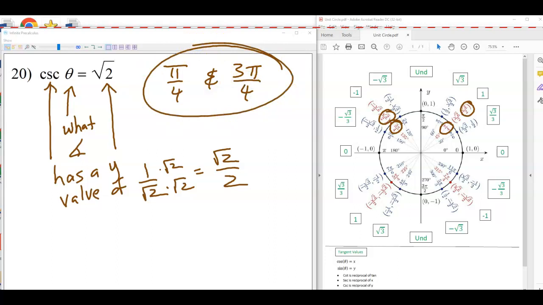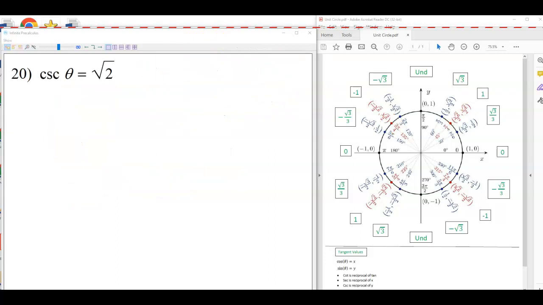All right. Let's go ahead and take a look at another one here. Okay, so what angle? Now we're looking for the reciprocal of this number for tangent. So remember, cotangent is the reciprocal of the tangent value.